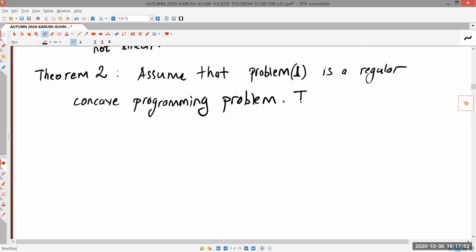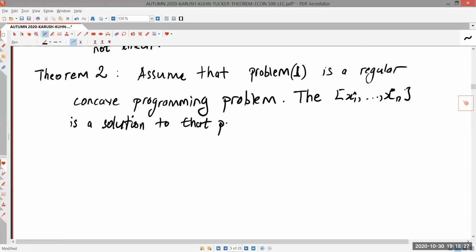Then, if I can find an x star point where theorem 1 holds, so that the regularity conditions and first order conditions are satisfied, then I call this x star a solution, meaning that it provides a maximum.